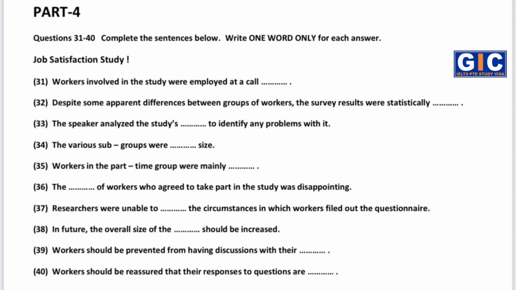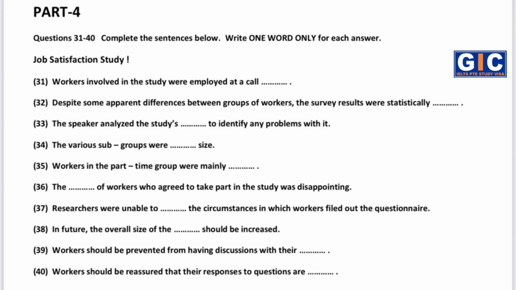Also, the numbers in the different subgroups were unequal. For example, there were 154 workers in the full-time group, but only 69 in the part-time group. And amongst this part-time group, only 10 were male, compared to 59 who were female.